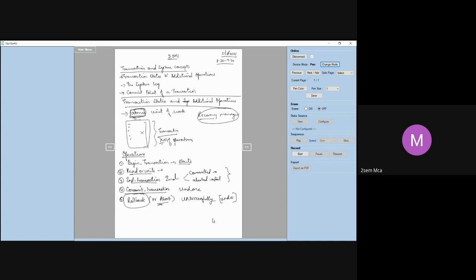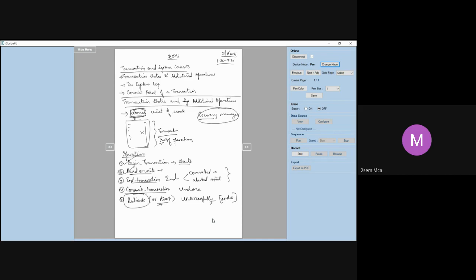So what is the information in specific? What should the recovery manager keep track of? It should keep track of begin transaction, which indicates when the transaction has begun. Then the read or write operations.